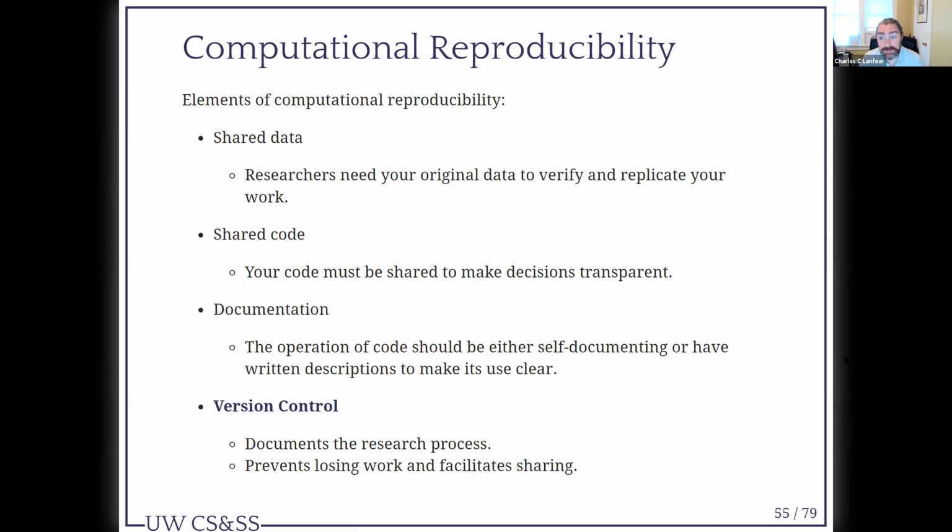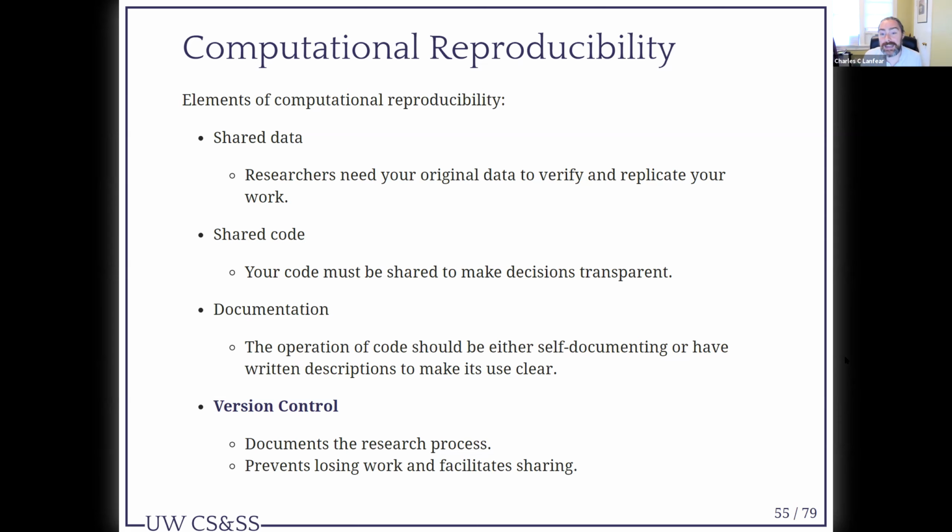Version control prevents losing work because everything is backed up every time you make any kind of change, and you can revert every change that was ever made. It also facilitates sharing things. It creates a public repository that multiple people can collaborate on, merge their code, download stuff, make changes, all of that. I highly recommend engaging in version control. It's sort of the best way to make reproducible projects.